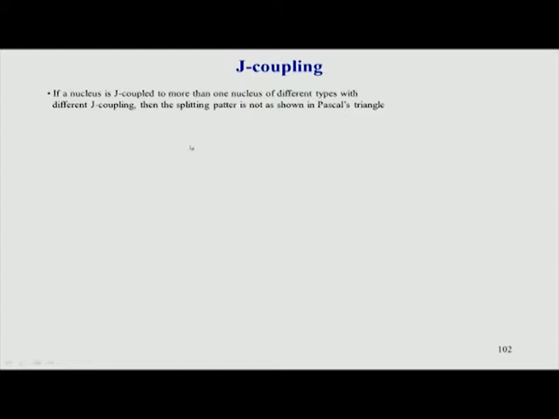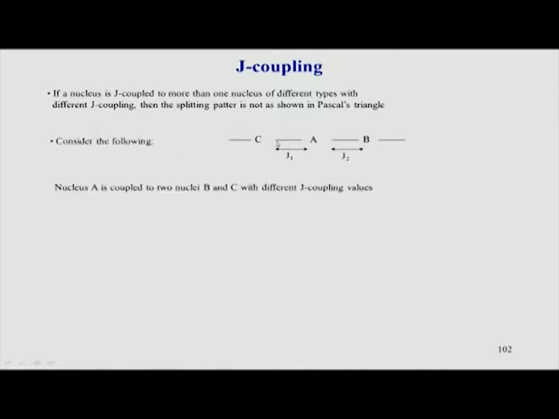If a nucleus is J coupled to more than one nucleus with different values, then you will have different J values. For example, suppose we consider a hydrogen atom A. It has a coupling J1 to a hydrogen atom C which is 3 bonds away, and it has another coupling value J2 to another hydrogen atom on this side.